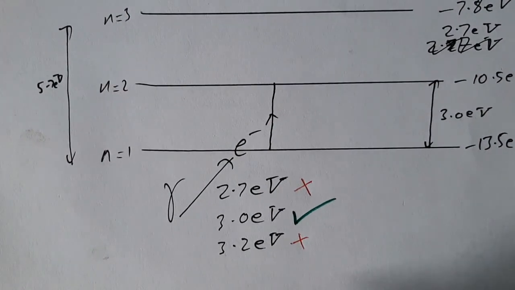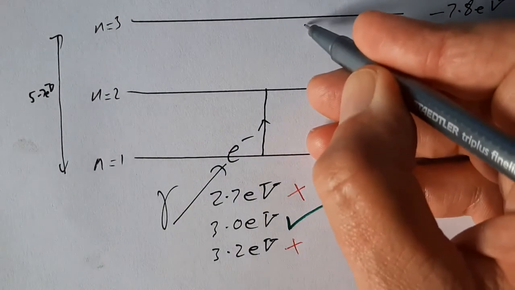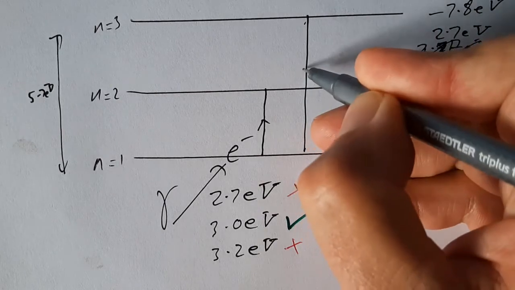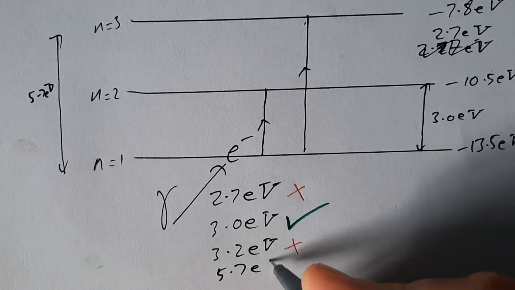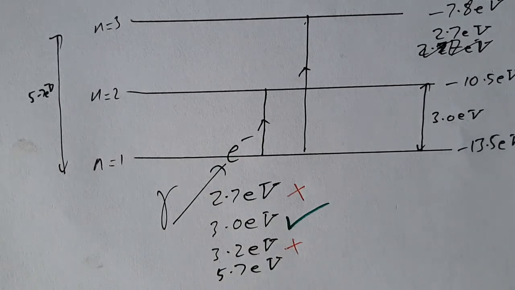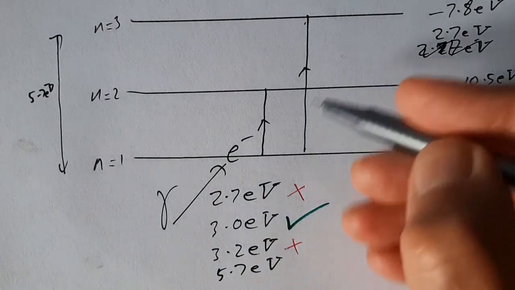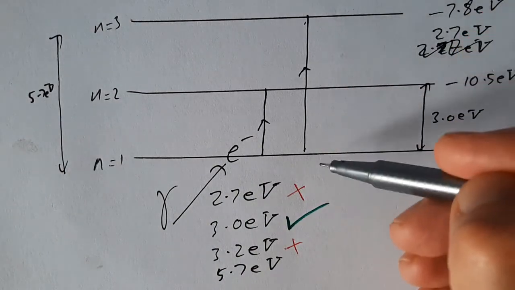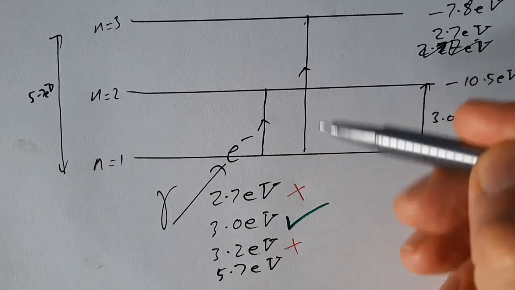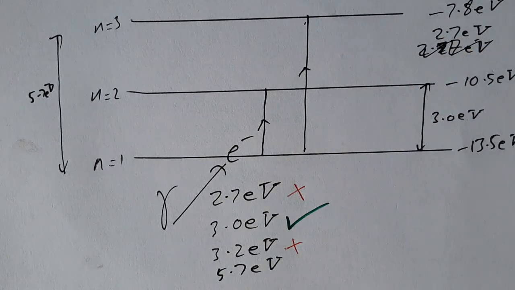The next possible is, and I won't insult your intelligence by going on about this forever, 5.7 electron volts. So 5.7 electron volts would cause an absorption, because that's an exact gap from n equals 1 up to a higher energy level.